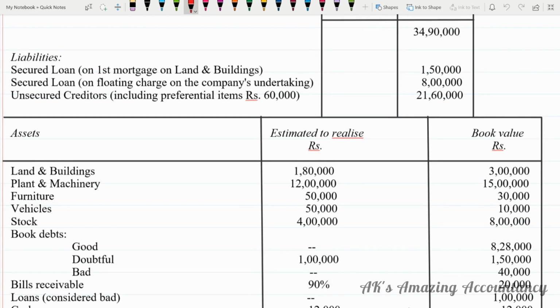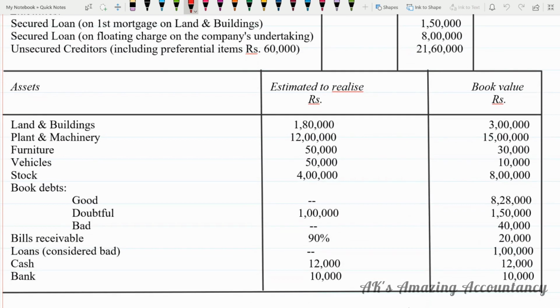Vehicles, 50,000 and 10,000. Stock, 4 lakh and book value 8 lakhs. Book debts, good: estimated to realize nothing is given, book value is 8 lakh 28,000. Doubtful: estimated to realize 1 lakh, book value 1 lakh 50,000.